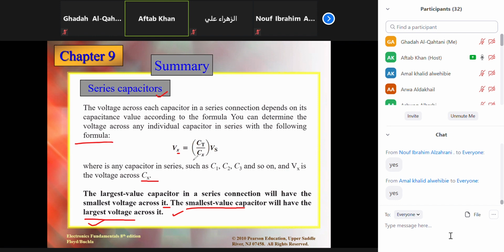We can see from this formula itself because Cx is in the denominator. If this value is lower, Vx is going to be higher, correct? If Cx value is higher, Vx is going to be lower. So this fact is verified from the formula itself.